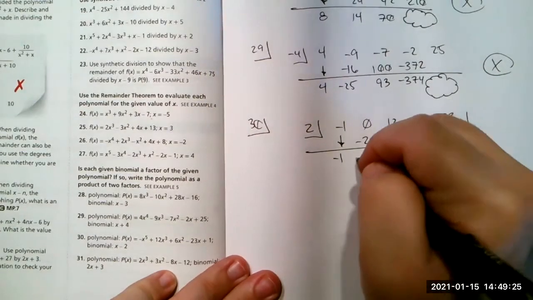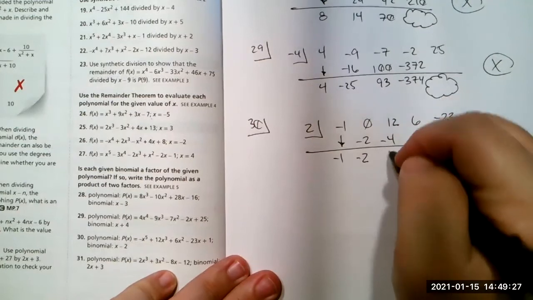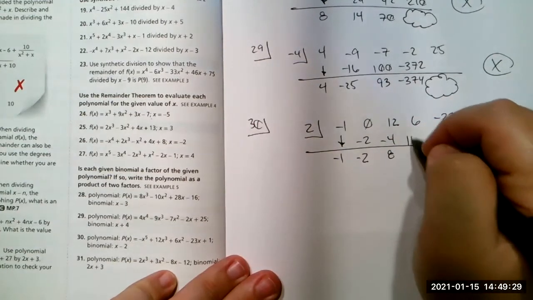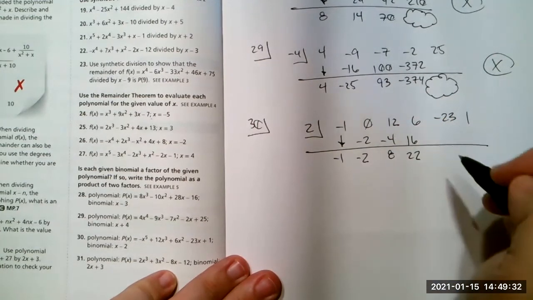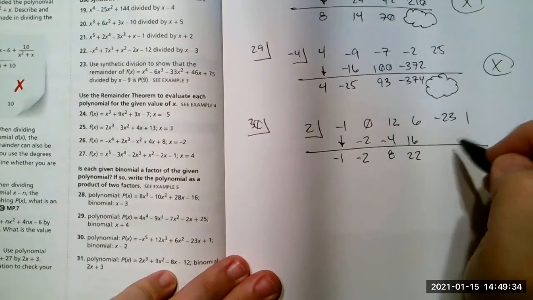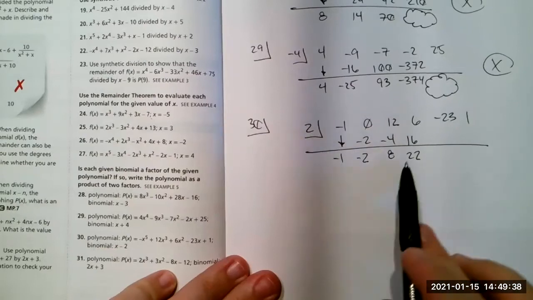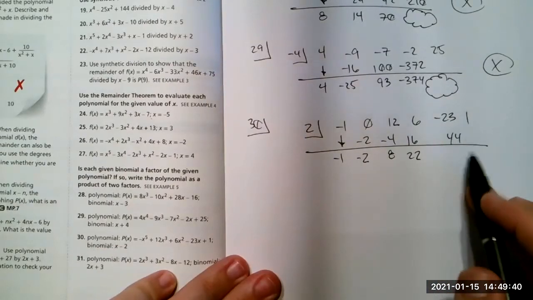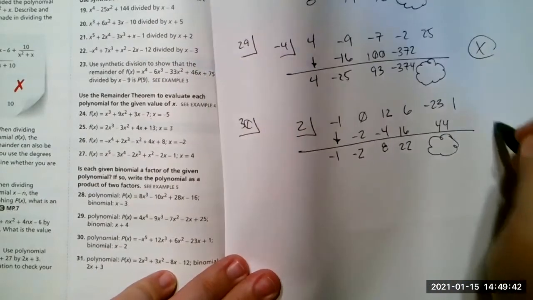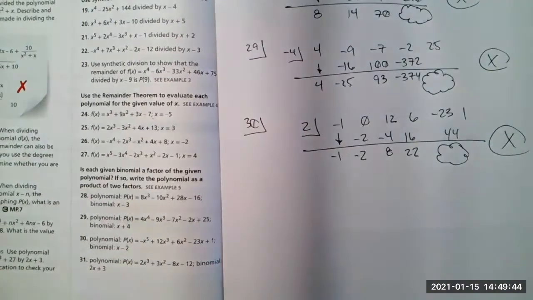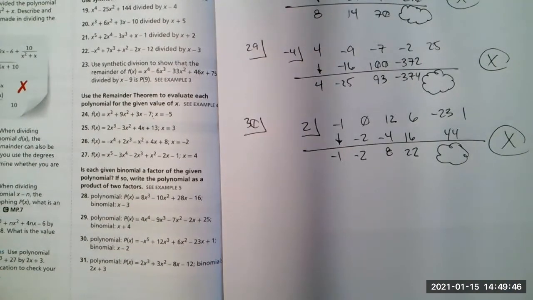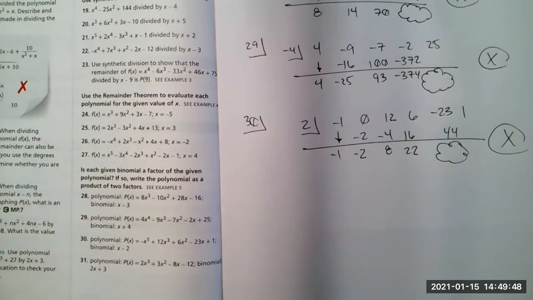So if I multiply and add, and then obviously multiply, add, multiply that, 44. If I add, that is not 0. So again, that is not a root. That's not going to be an x-intercept.